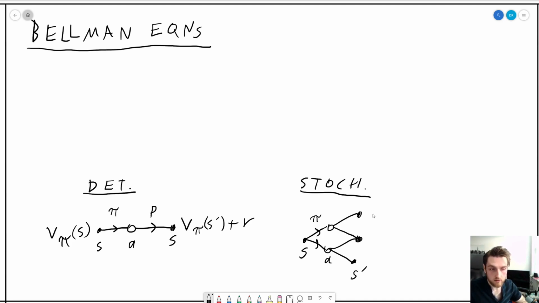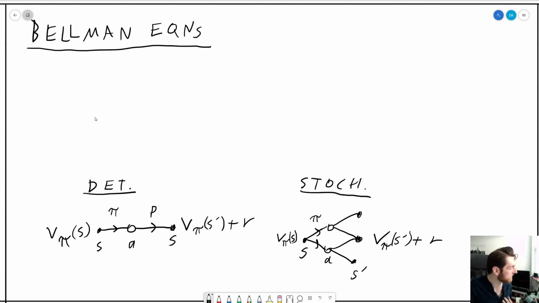And the value of S is then given by a weighted sum over all of the values of the S primed, plus the rewards that could be received in the process.